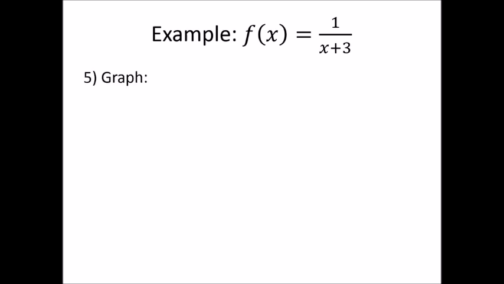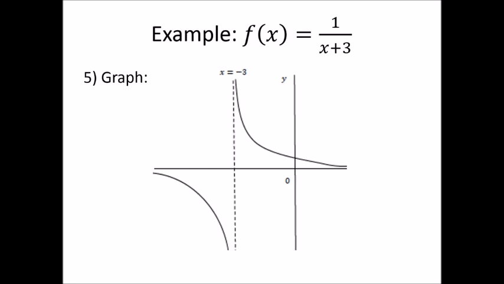So using the information that we had found, we know that the function is concave to the left of a vertical asymptote at -3, and that it is convex to the right, and that it has a horizontal asymptote at y equals 0.